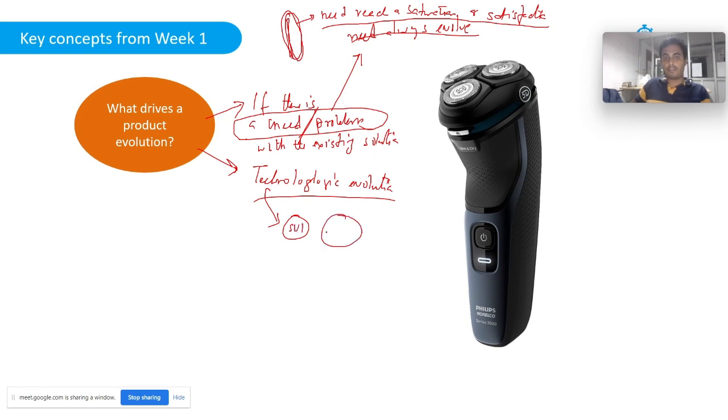Earlier we used to have just a graphical user interface. Most of the early designs of phones, the earlier tactile phones, were button based keyboards. Now we have a speech based interface, and you have high computational power. So all this adds to a new phone which is a smartphone.